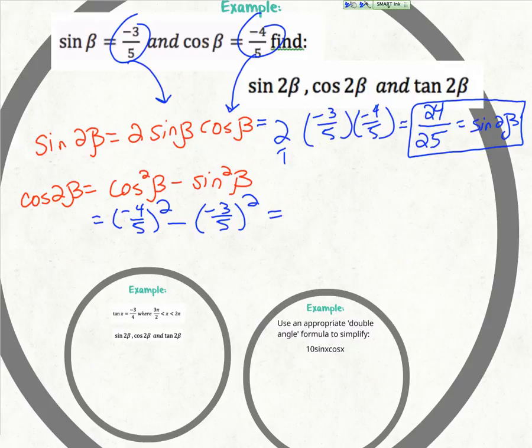It does not actually matter. When I square these, I square both the numerator and the denominator. So negative 4 squared is 16, and 5 squared is 25. Negative 3 squared is 9, and again, 5 squared is 25. Nice that we've got common denominators because we can now just subtract our numerators, and 16 minus 9 is 7.